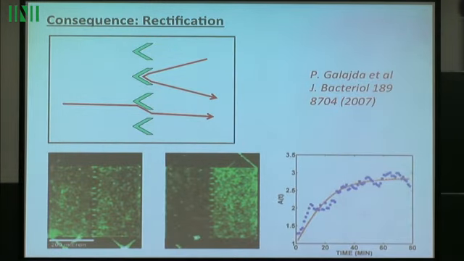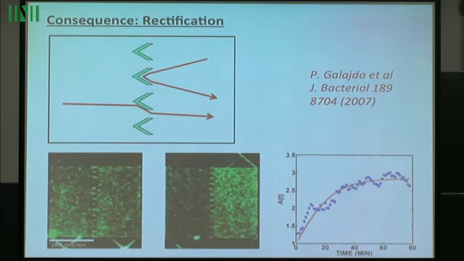A consequence of what I've just described with the obstacles is rectification, which was first seen over a decade ago now with bacteria, where if you put bacteria in an environment with this kind of chevron type boundary between two chambers, then there is a tendency for particles to reflect back to the right and to be more likely to transit left to right than right to left, and you get over time a build-up of an unequal density in these two chambers, which would be impossible for a system in detailed balance unless there were somehow different potentials on either side of this wall.